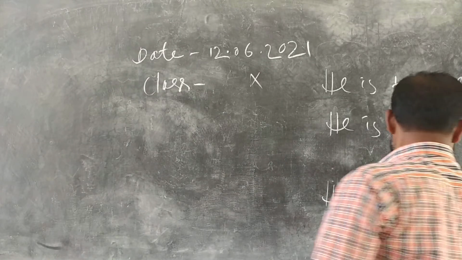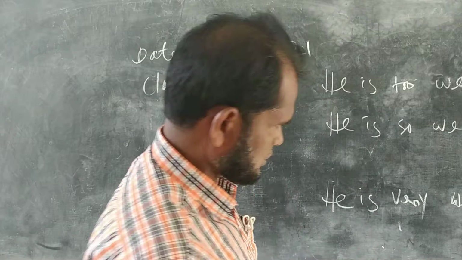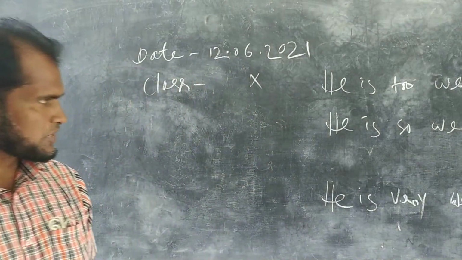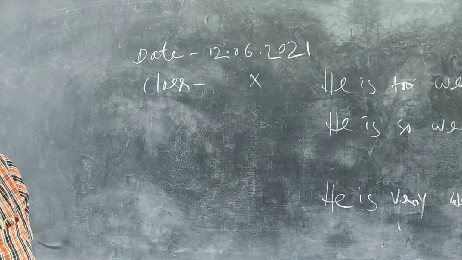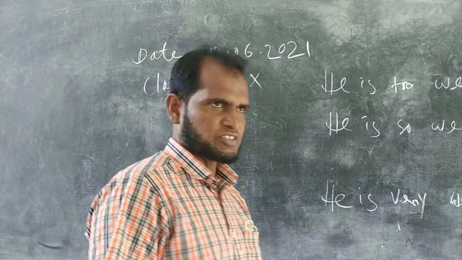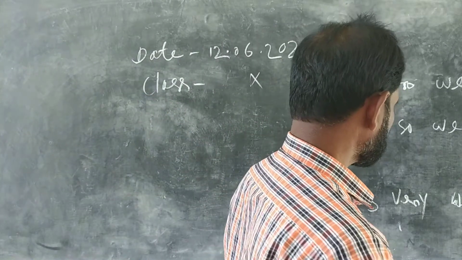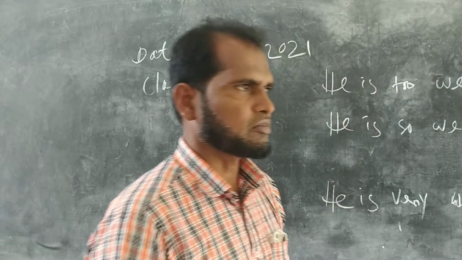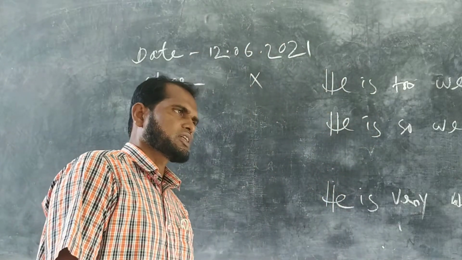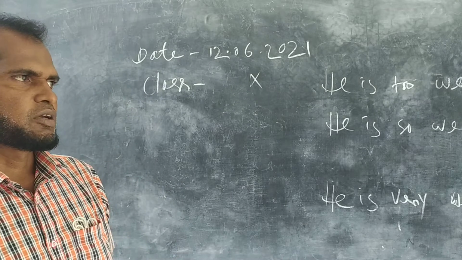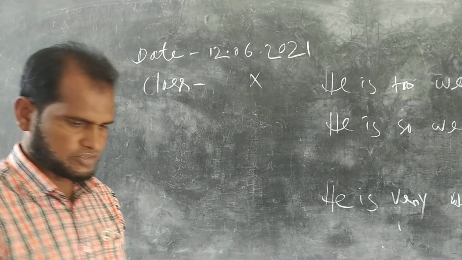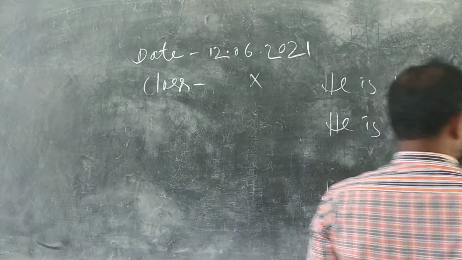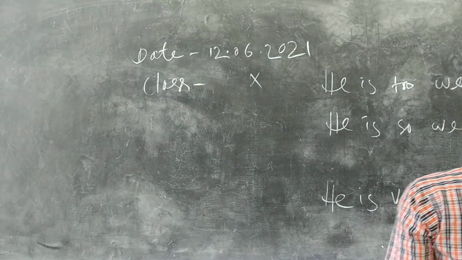He is very weak and he cannot work. This is the example of a compound sentence. From the complex sentence, he is so weak that he cannot work, it has turned into a compound sentence. And you know that in a compound sentence there must be a minimum of two principal clauses, and no subordinate clause. Now I am going to give another example.